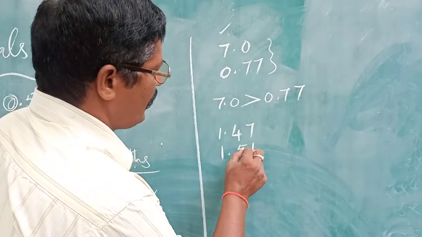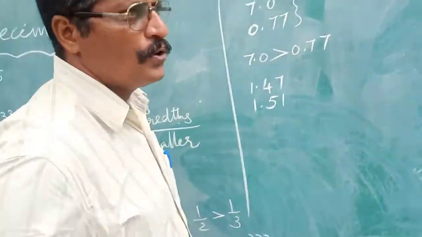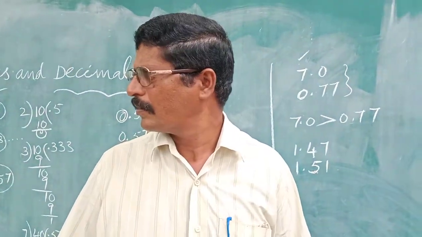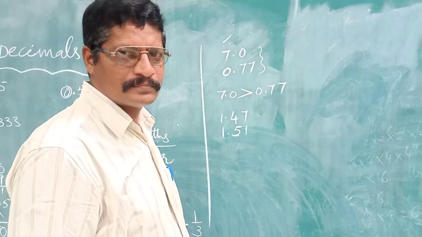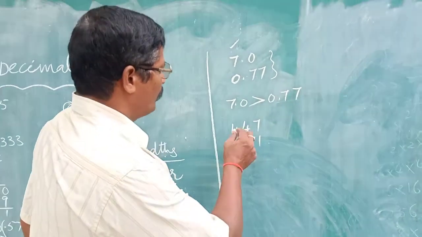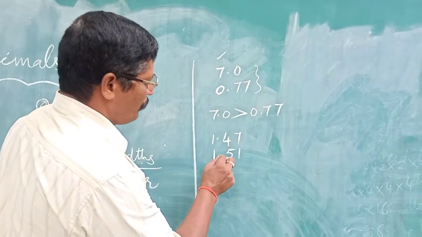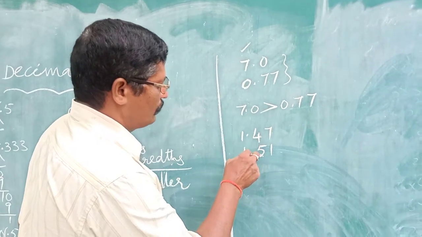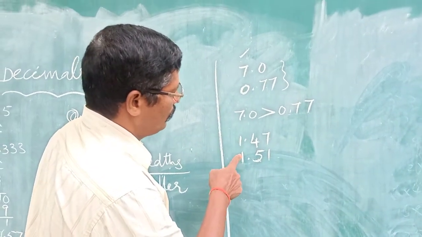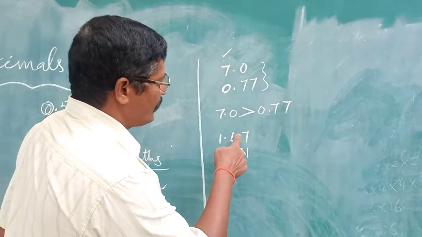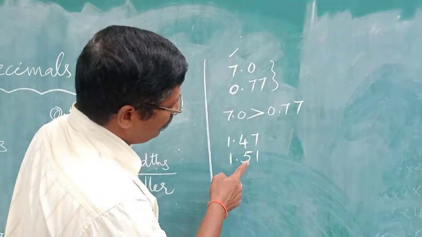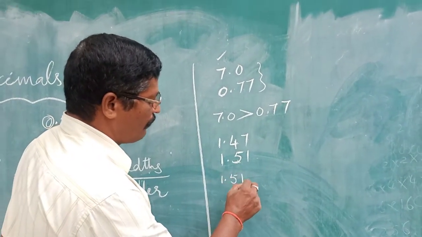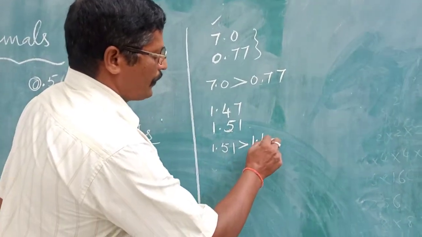Here the next digit is 4, here it is 5. Which is greater? 5 is greater. So 1.51 is greater than 1.47.